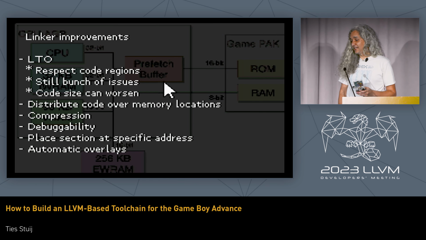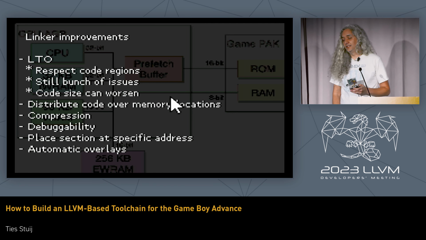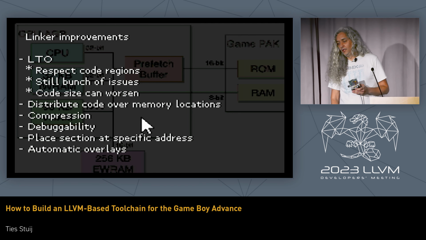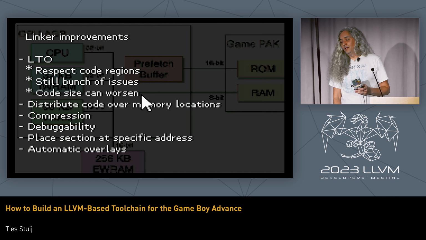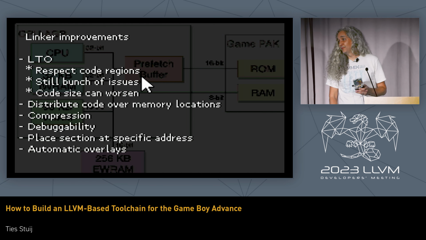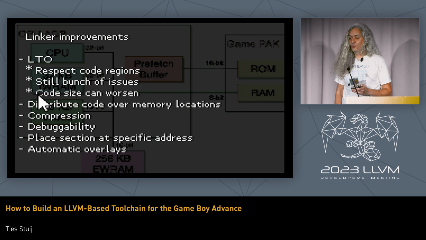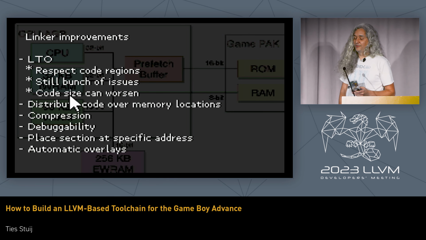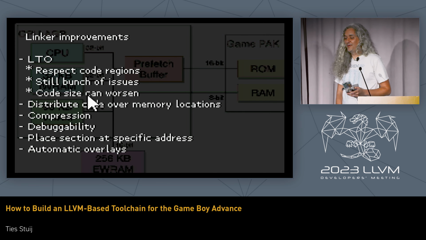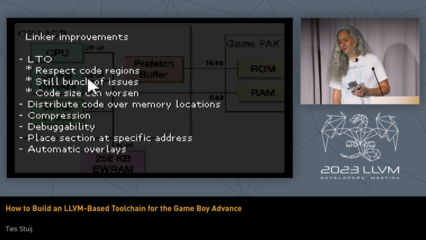Code size can worsen, as I understand. In some cases, it can do nothing at all. Work to be done. There's been talks at the dev meeting here to see how we go forward. There's a couple of proposals on the table, and hopefully we can pick one of those and move forward properly.